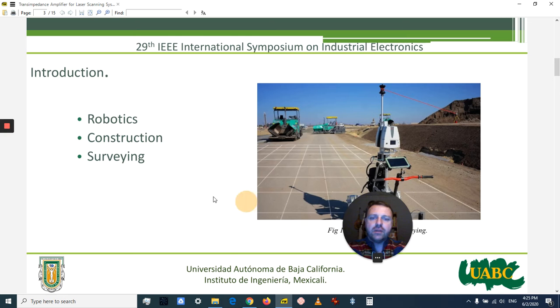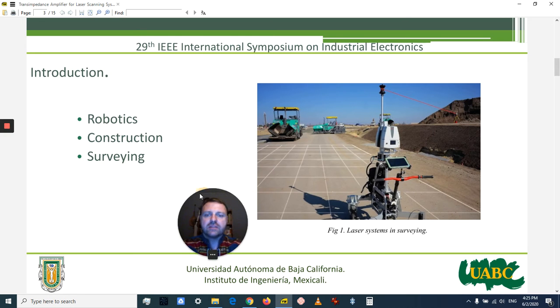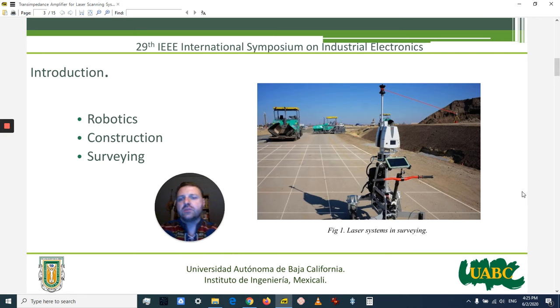Like everybody knows, lasers are widely used in industry and research, for example in robotics, to map and to steer robots in unknown environments, and in construction, measurement and surveying of environmental objects, any objects where you need to determine 3D coordinates of surfaces.